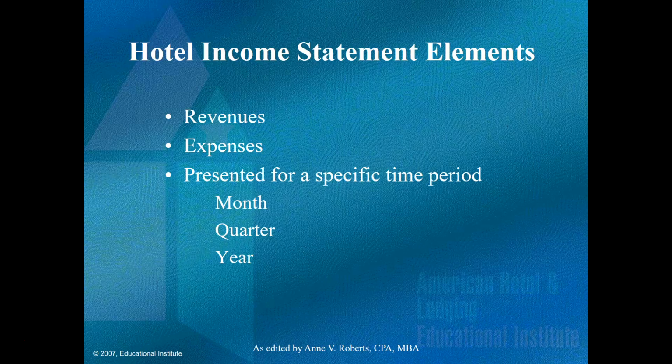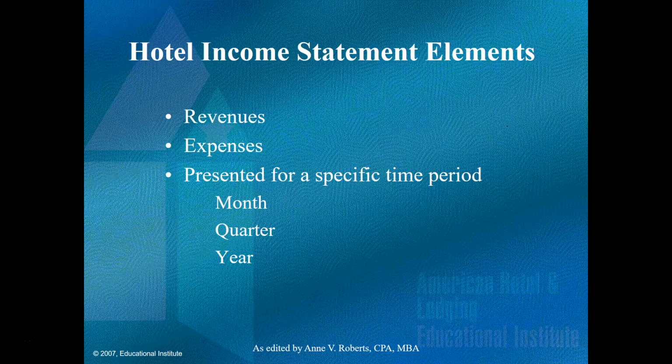Remember, income statement, we're looking at revenues and expenses, and it is presented for a specific time period. So remember, the date at the top of that income statement will read something like for the month ended and a date, for the quarter ended and a date, for the 6 months ended and a date, for the year ended and a date, okay? So that date at the top of the income statement gives you a lot of information when it's telling you what time period we're looking at.